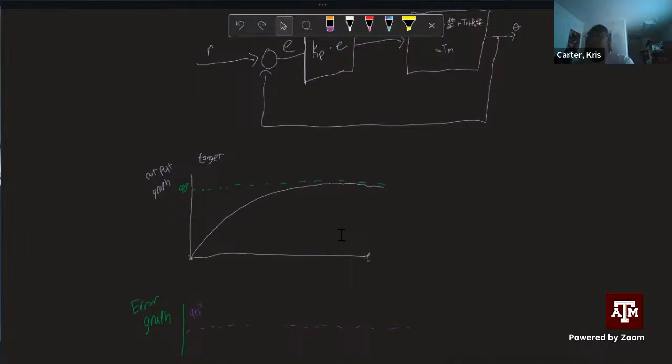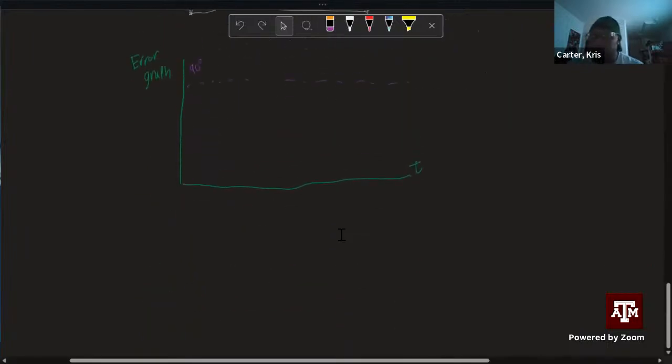So the error is going to be completely off, 100% off at the very beginning of what we're working with. So it's going to start right here at 90.